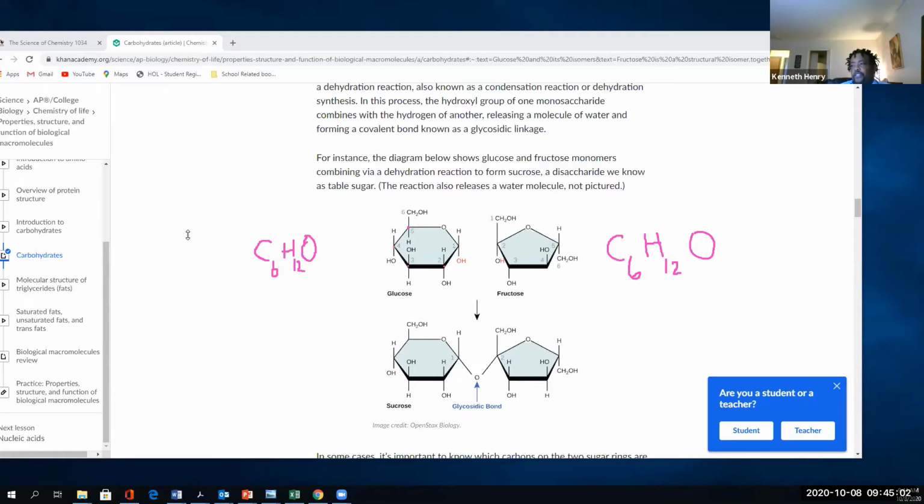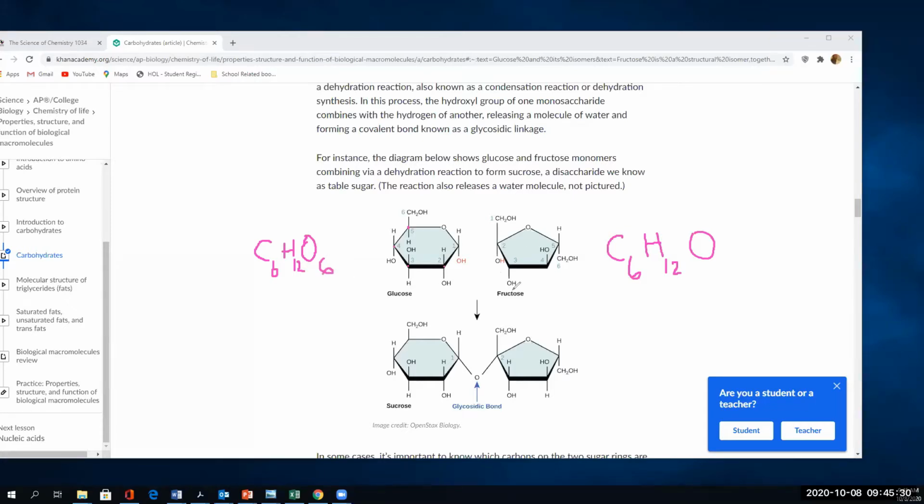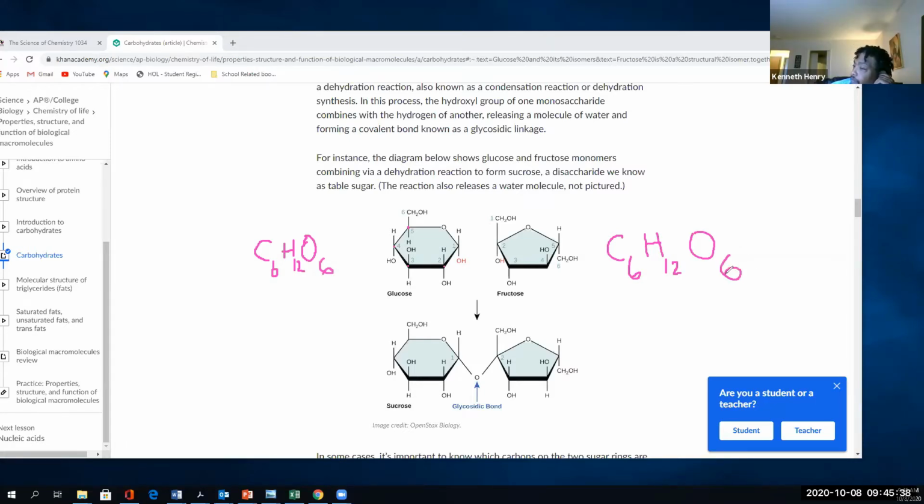Count all the O's. So it would be 4 and 5? Are you sure? 1, 2, 3, 4, 5, 6. Are you sure? Yeah. Okay, it is 6. Now what about this one here? 1, 2, 6. Okay.